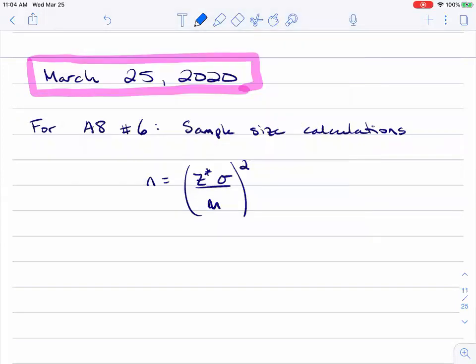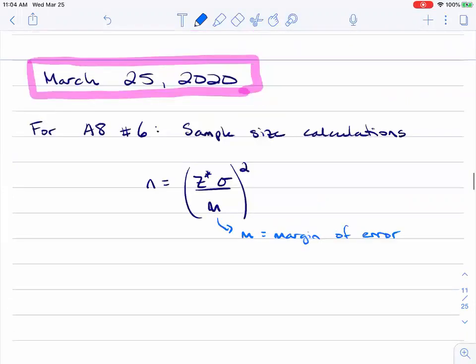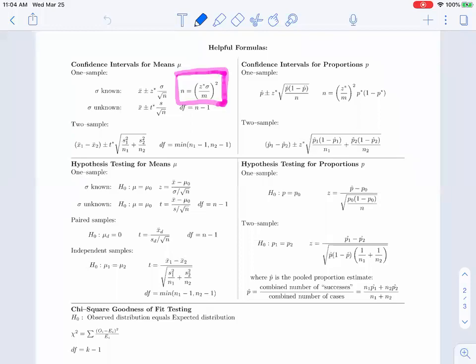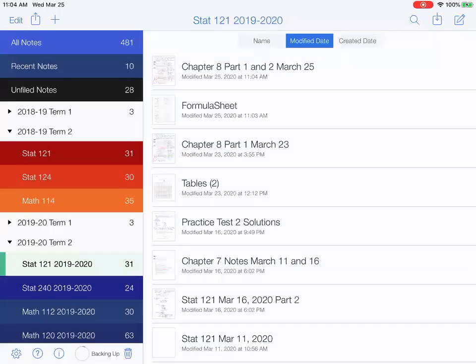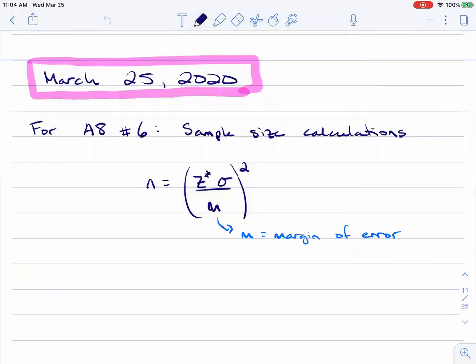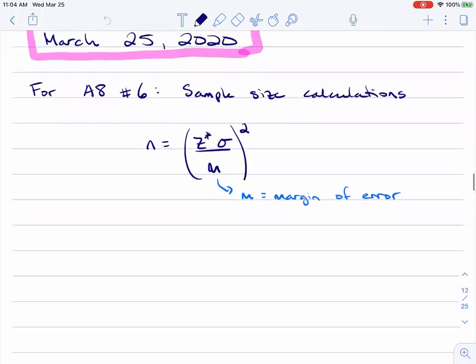And just remember that m is the margin of error. Just double check here on the formula sheet: z star sigma over m, yeah, good. So I think that's the one that you're going to use.